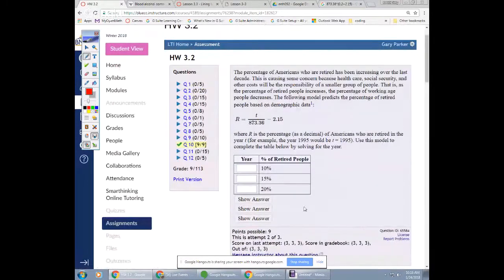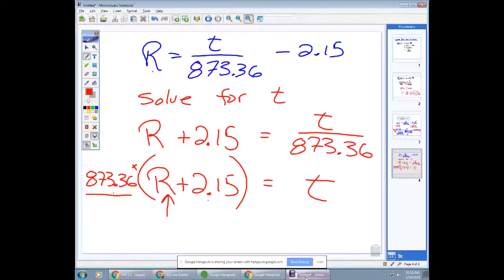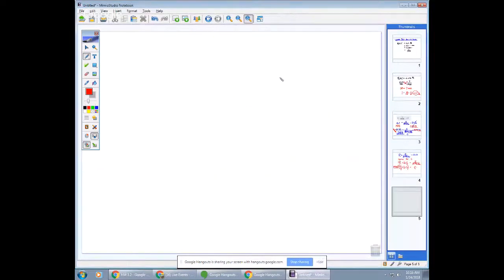All right, so it gave me the same numbers again, but I'm just going to redo it for 20. If the solving the equation thing wasn't working for you today, again, we can always go back. So we have our formula, R equals T over 873.36, and then we subtract 2.15.